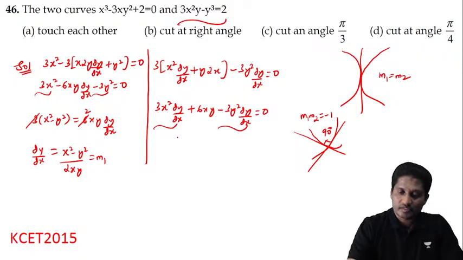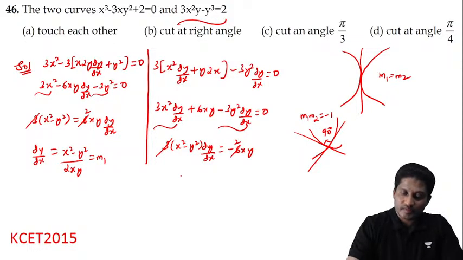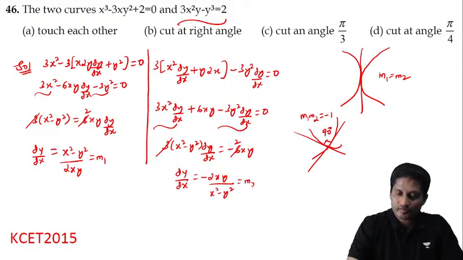minus 3y square dy by dx is equal to 0. Between these two terms, you take 3 common. So it is (x square minus y square) dy by dx equal to minus 6xy. Cancel 3 times. dy by dx is equal to minus 2xy divided by x square minus y square.